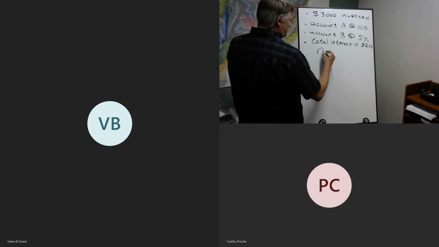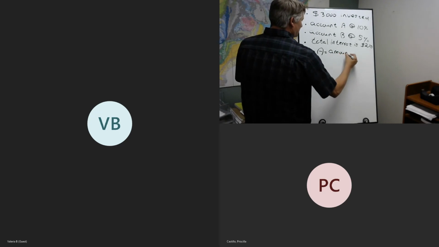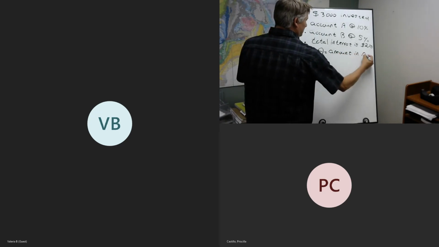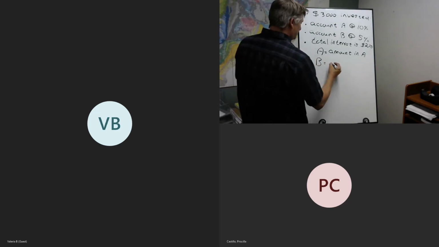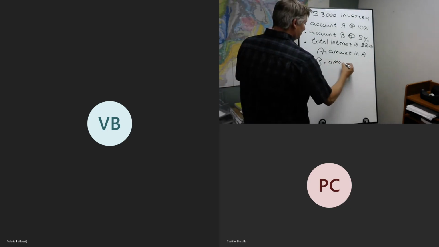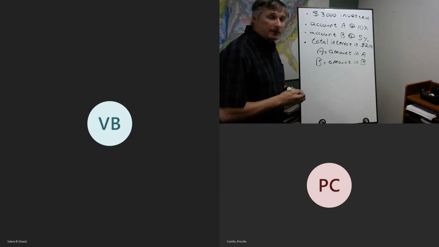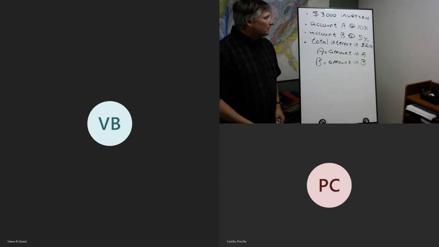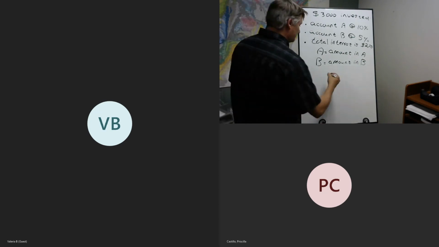So let A be the amount in account A, and B is the amount of money in account B. Now we know the total amount of money that's invested is $3,000.